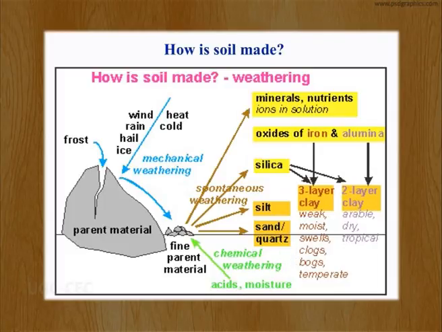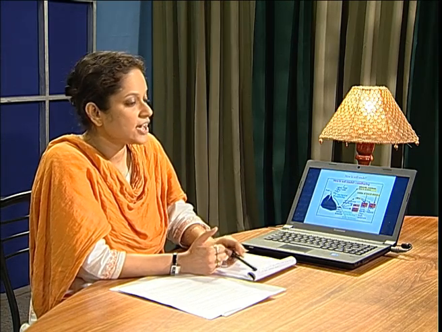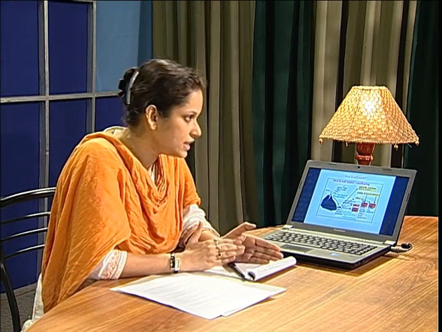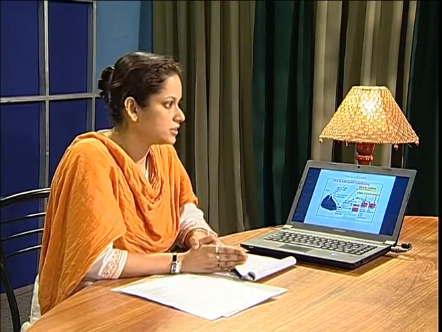These are all components of soil. So thus in a nutshell, it is with the help of physical, chemical and biological weathering that the rocks are disintegrated into smaller pieces. These smaller pieces are further broken down to form the constituents of soil.